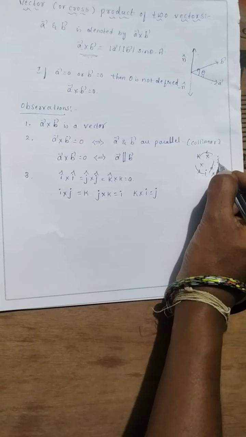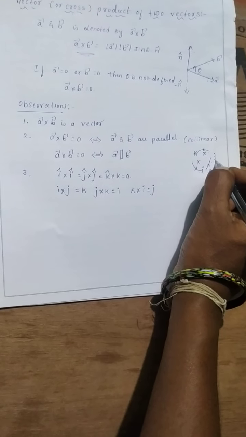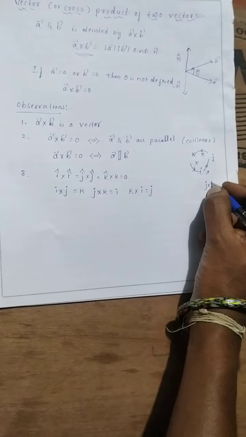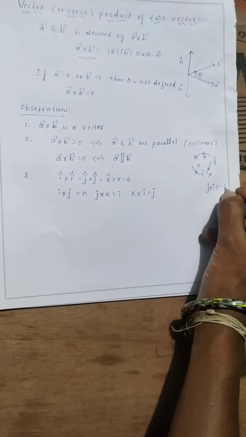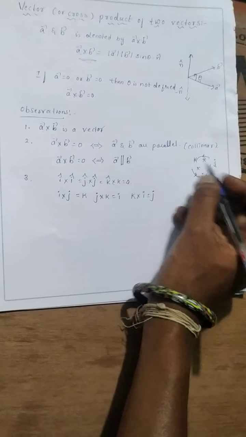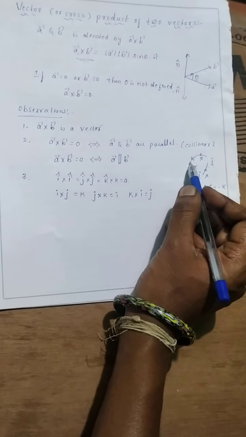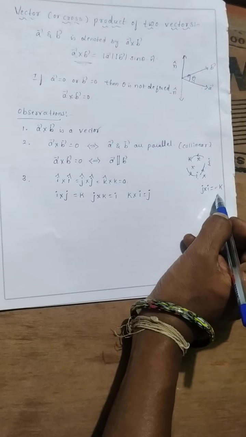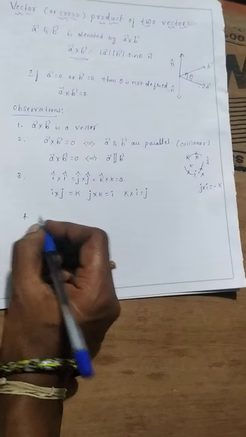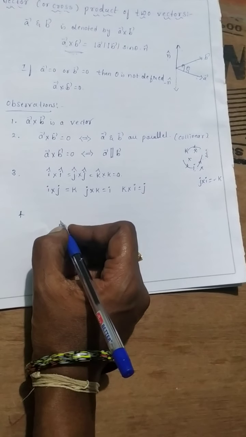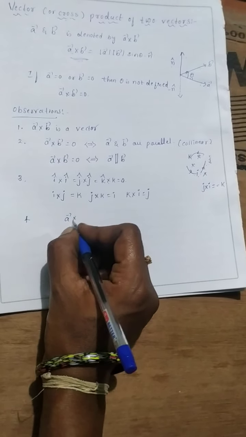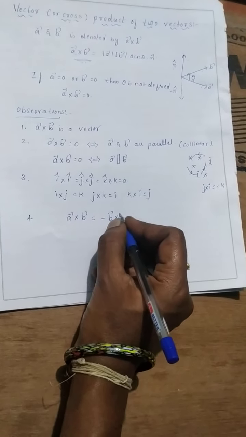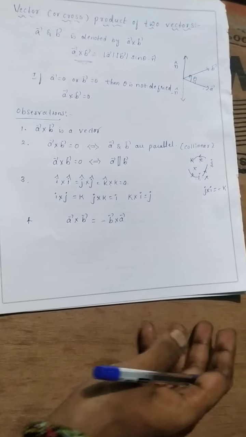Now this vector product is not commutative, because if you reverse it, j cross i is minus k, because it is in the opposite direction. j and i give k, but with a negative sign. So vector a cross vector b is equal to minus vector b cross vector a. It is not commutative.